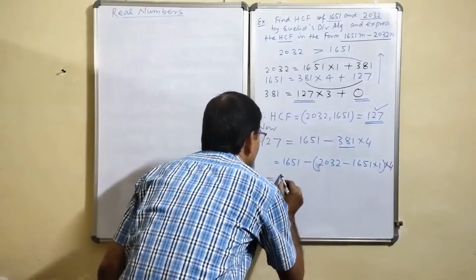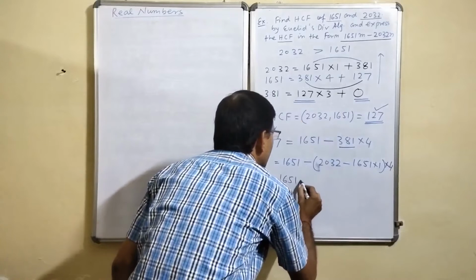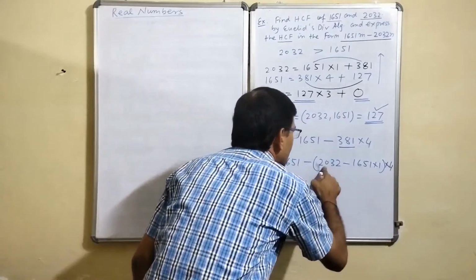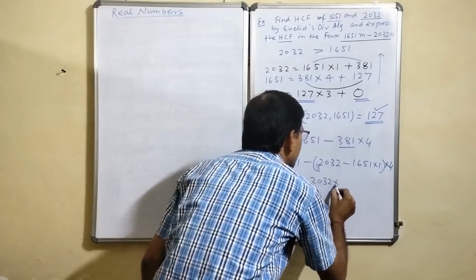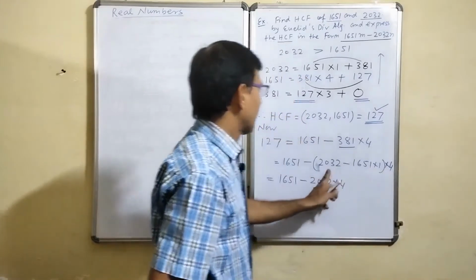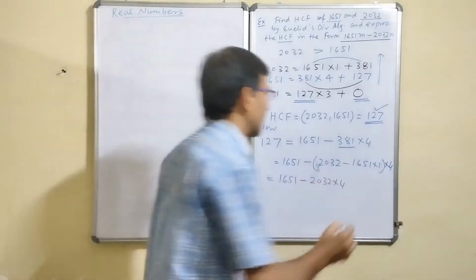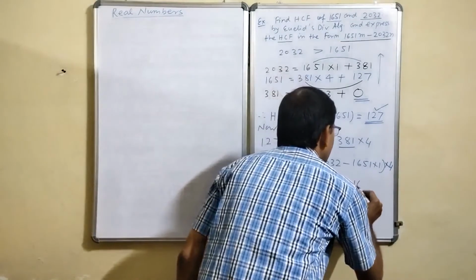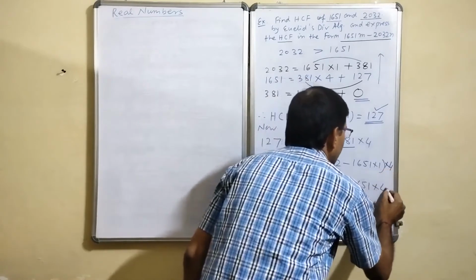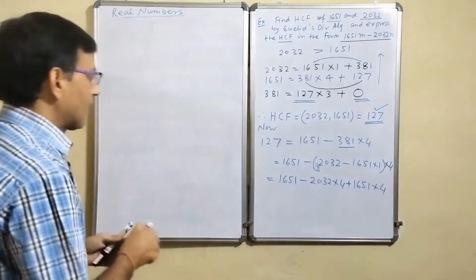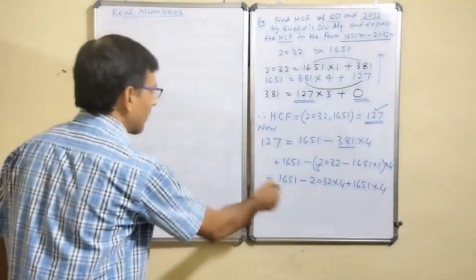So what will you get? 1651 minus 2032 into 4, and this is minus and minus, that is plus, 1651 into 4 into 1, that is 4. So what can we write? Once again, simplify it.